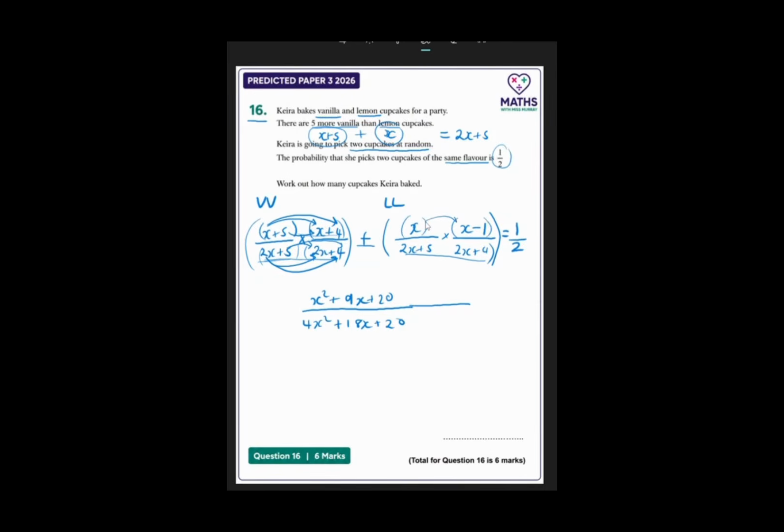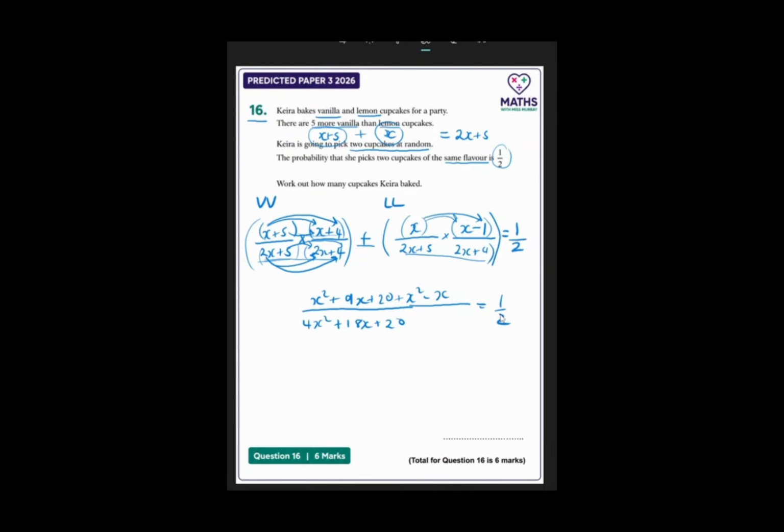So I've got to do x multiplied by x, which is x squared, and x multiplied by -1, which is negative x. And we know that that is all equal to a half. So what I've done there is I've expanded the bracket and added my two fractions together, just as I would do normally with normal fractions. You add them together, the denominator stays the same, and you add the numerators. And I've just written it all here as one fraction to save on space.